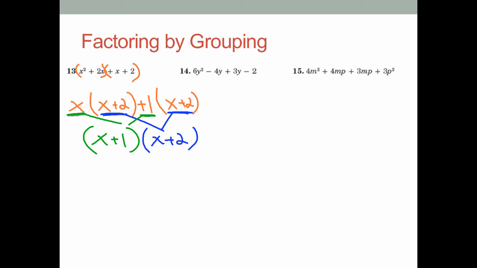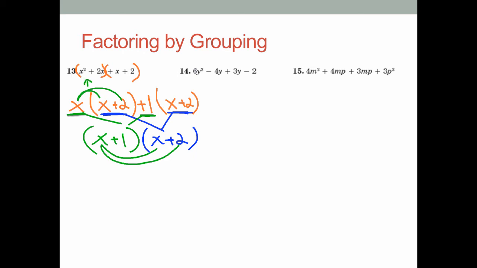So if you remember, when we were distributing, what we would do is we would take the x and multiply both x and the plus 2, which is the same thing that I would do in this step before if I was working back up.